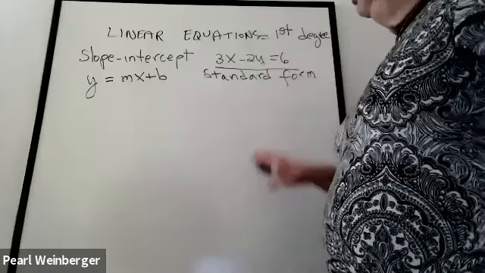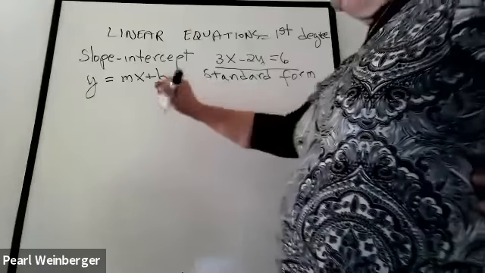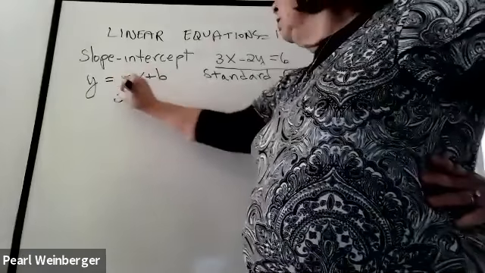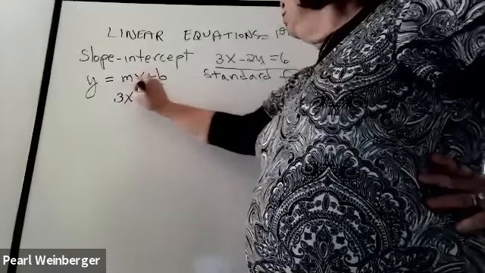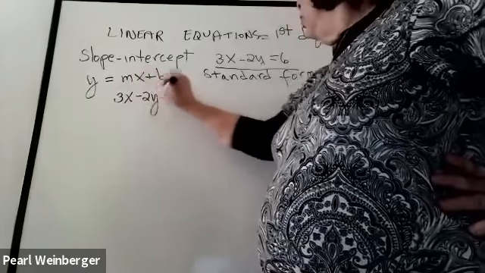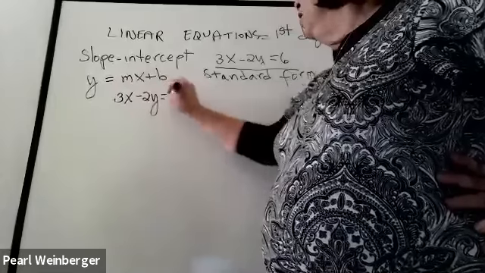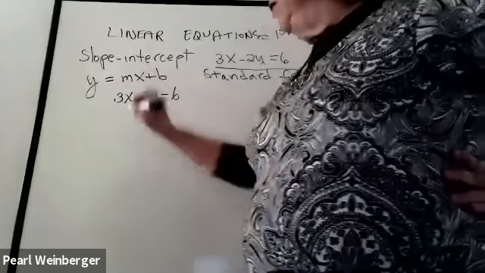In order to put something into the slope-intercept form, what you have to do is solve for y. You have to get the y by itself.